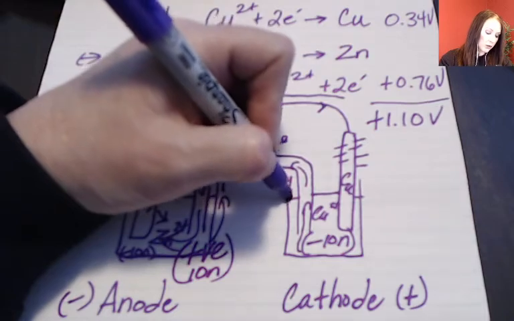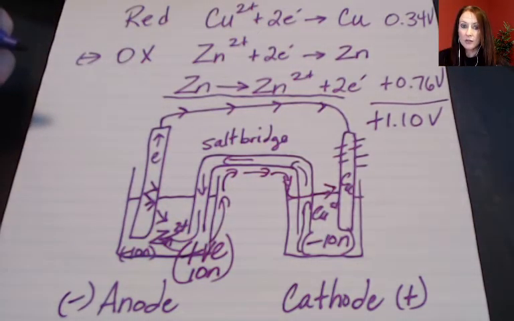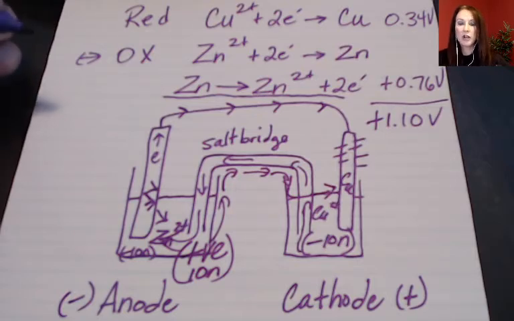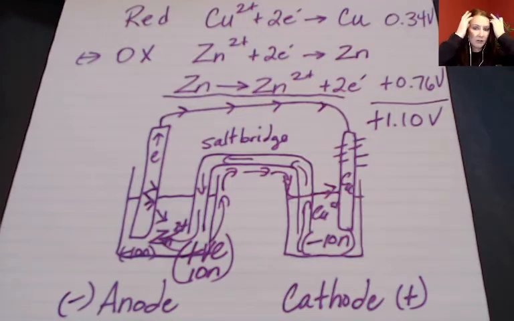Through the salt bridge towards my now cathode side, which is building up that negative charge. So those positive ions are attracted to the now slightly more negative cathode side, even though my cathode is my positive terminal, right? It's building up negative charge, so it's attracting those positive ions in that direction. So there's a lot happening here. There's a lot going on in this cell.